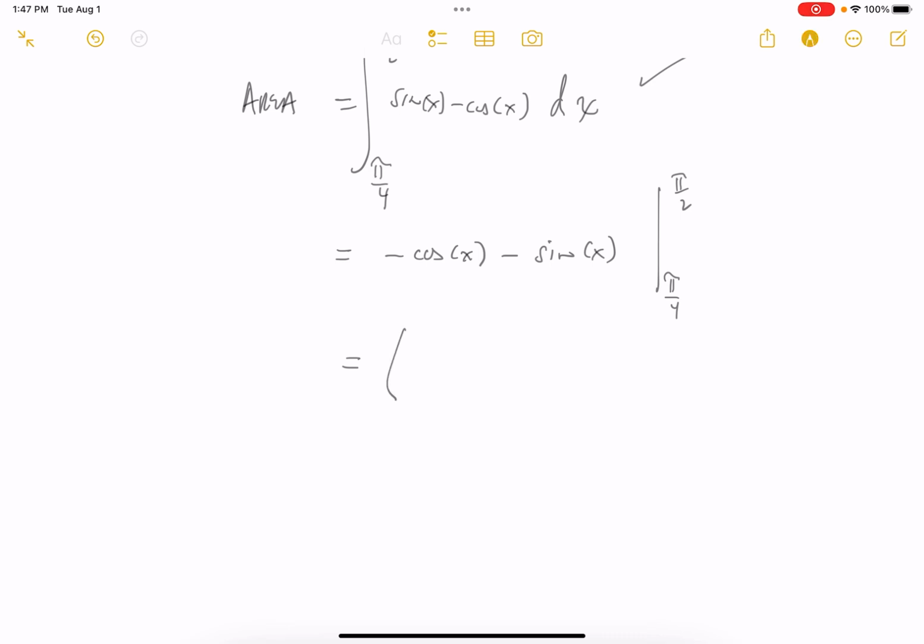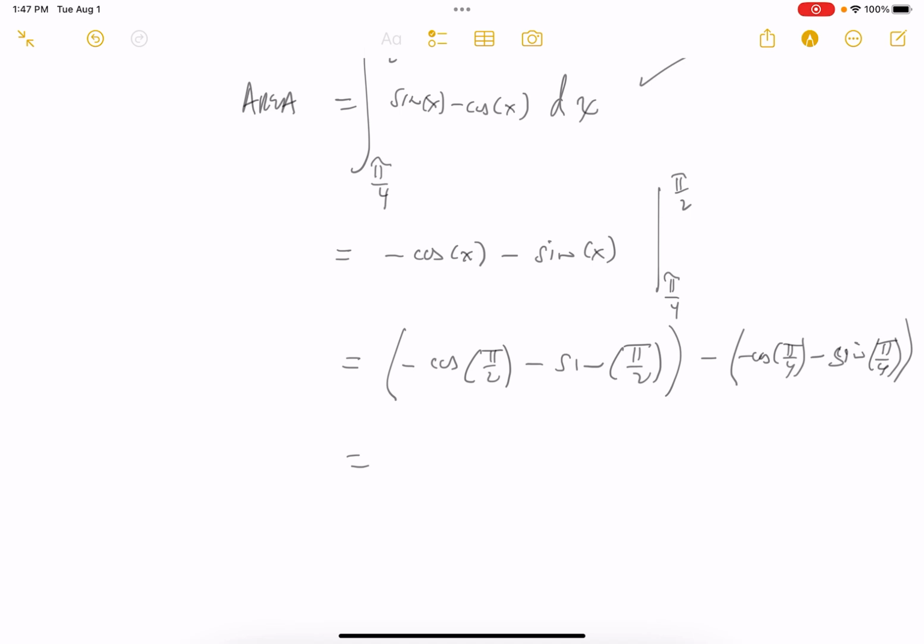Let's put this down. So it's going to be minus the cosine of pi over 2 minus the sine of pi over 2. Let's see, now I get to do minus the lower limit, right? So minus the cosine of pi over 4 and minus the sine of pi over 4.